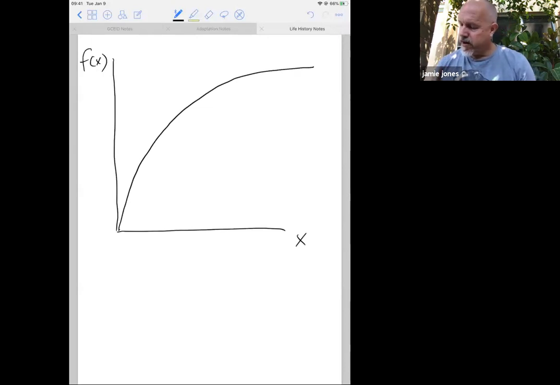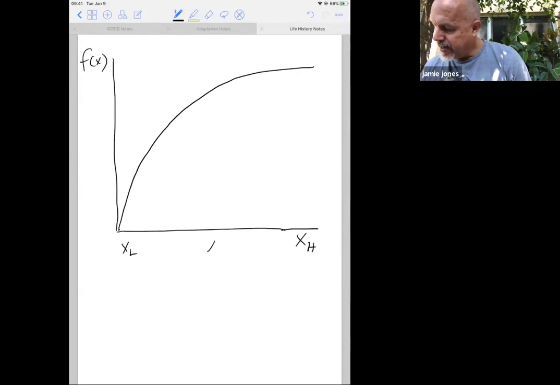What we're going to do is label a couple of points on the x-axis: x_h, x_l, and then the mean of those two is x bar.